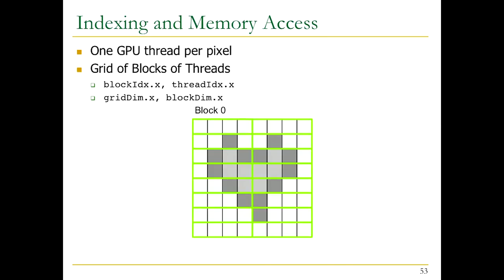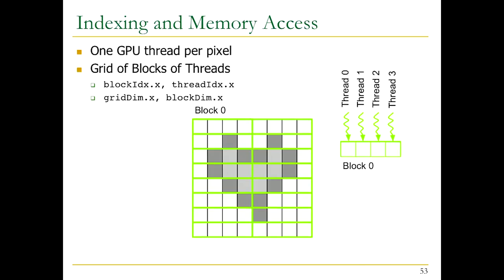So block 0 will take care of these 4 pixels here. The next block can take care of the next 4 pixels, and so on. If we take a closer look at block 0, we will see that we are going to have 4 threads executing some operations on each of the pixels that have been assigned to this particular thread block.